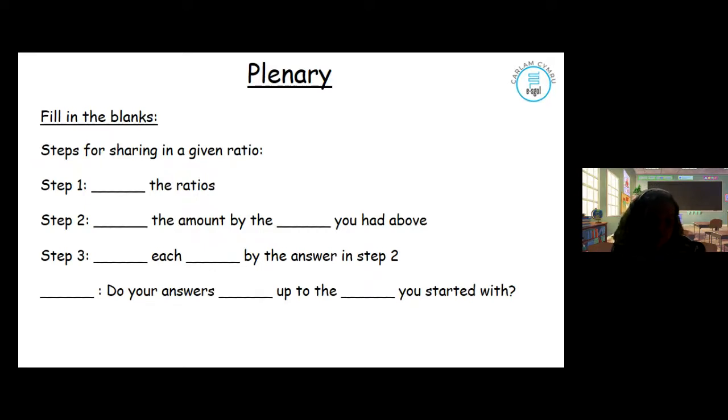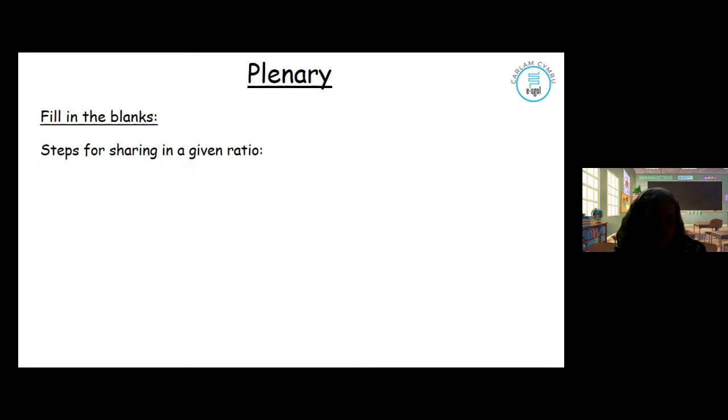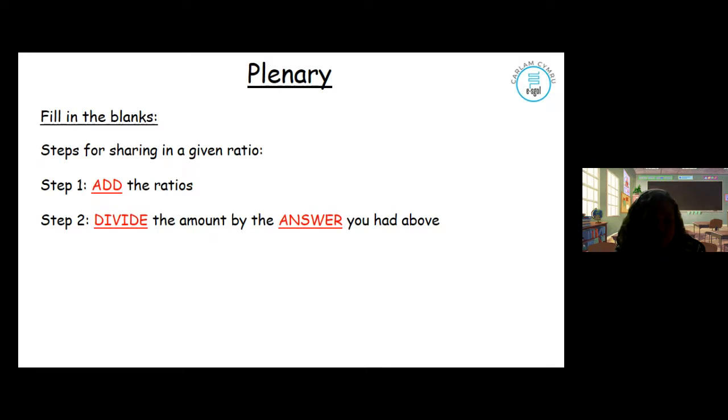Okay, so it says fill in the blanks, steps for sharing in a given ratio. Step 1 is something the ratios. What we did first, if you remember, I had them in a yellow box at the top of the slide, we added the ratios. Step 2 said something the amount by the something you had above. So that was divide the amount by the answer you had above.